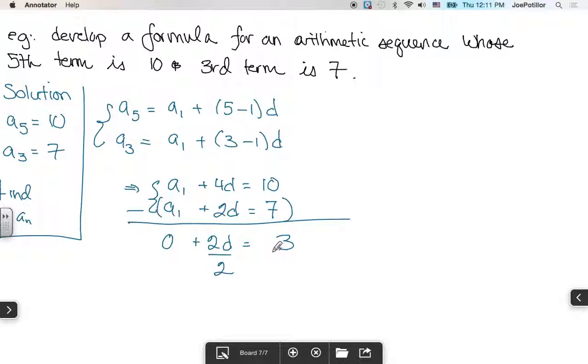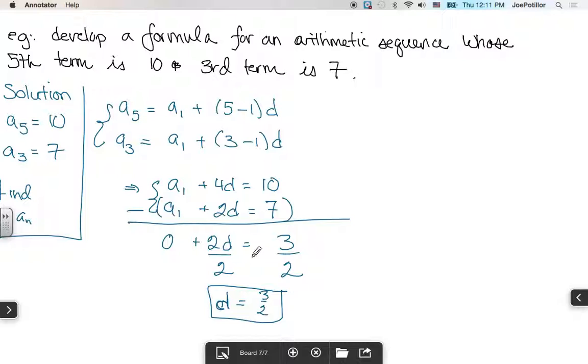And if I divide by 2, I end up with our common difference d equal to 3 halves. From there, we can use that to figure out whatever the first term is.